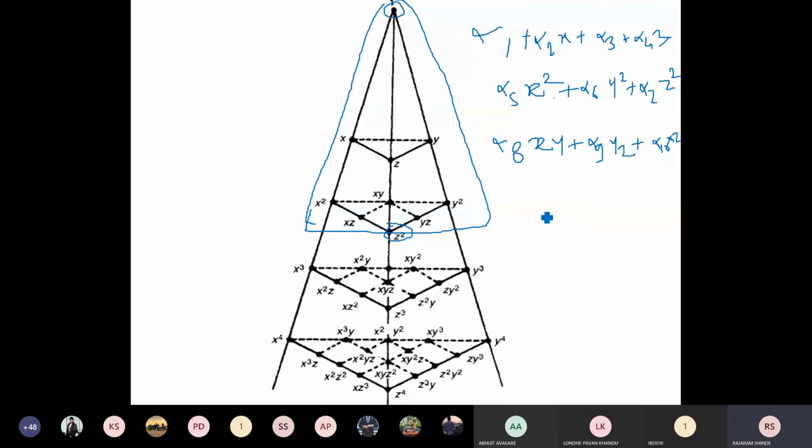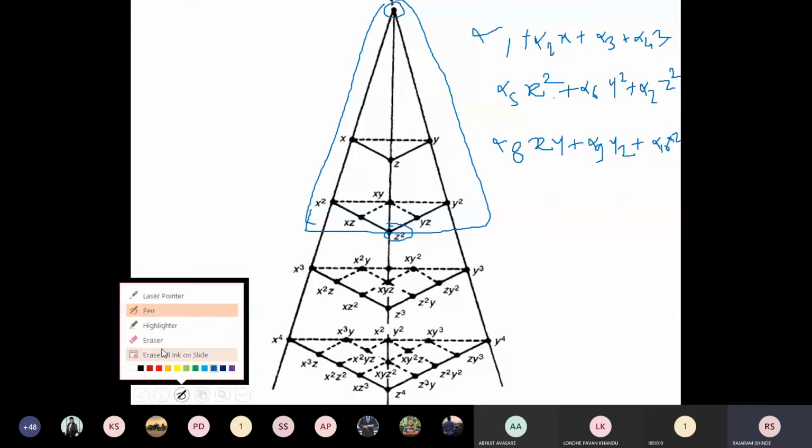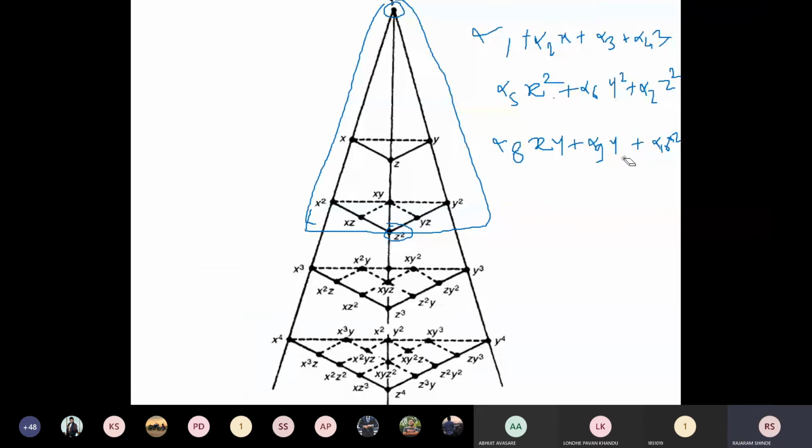Okay, now this is the polynomial for the quadratic three-dimensional element.